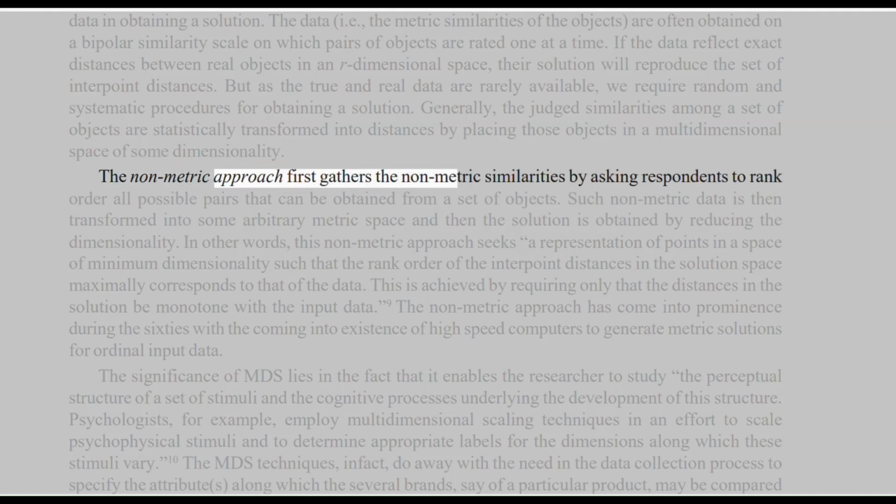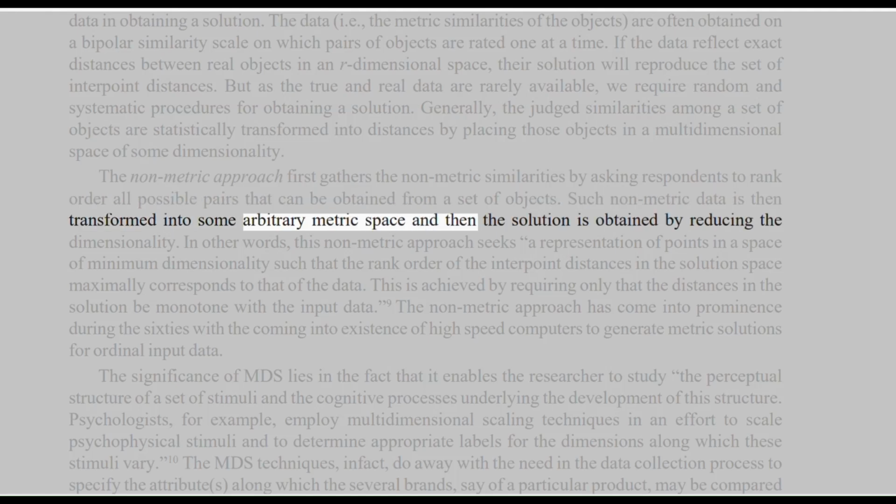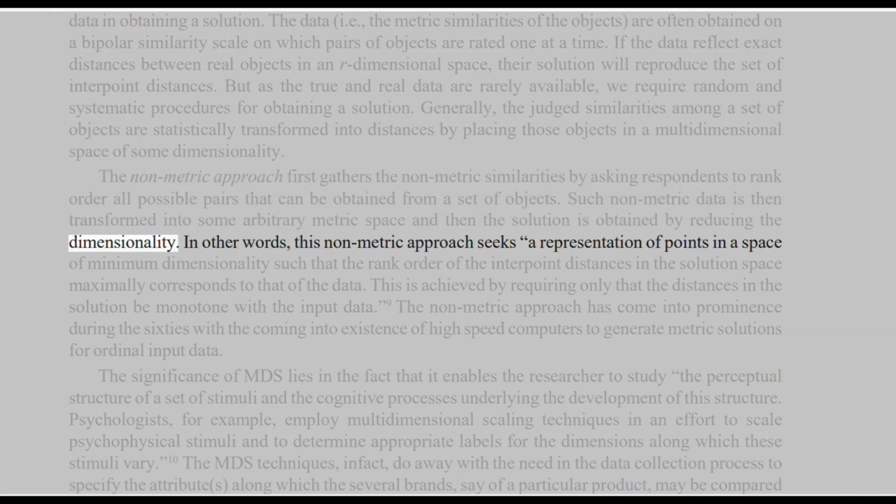The non-metric approach first gathers the non-metric similarities by asking respondents to rank order all possible pairs that can be obtained from a set of objects. Such non-metric data is then transformed into some arbitrary metric space, and then the solution is obtained by reducing the dimensionality.